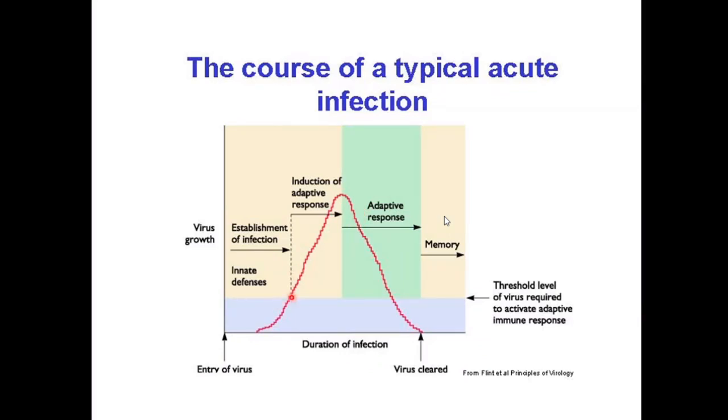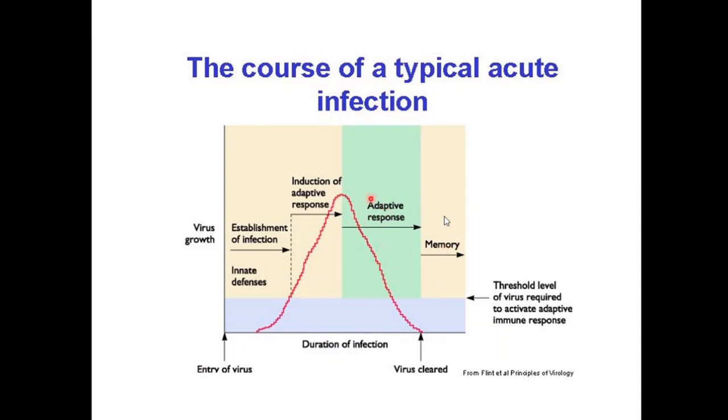Then the viruses keep increasing depending on the duration, the viral growth, until the adaptive immune response is at its highest to really take care of the viruses and eliminate them. The viruses can be cleared, and the memory or the protective state of the host will be generated.